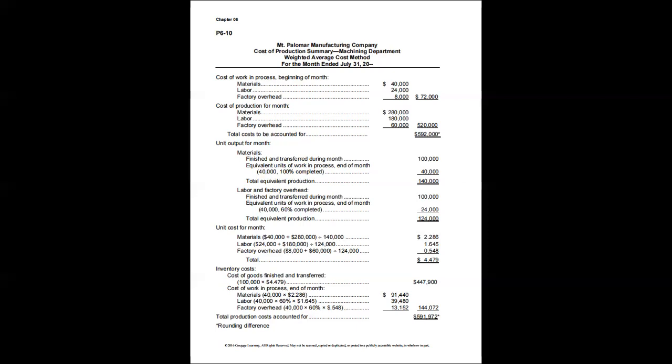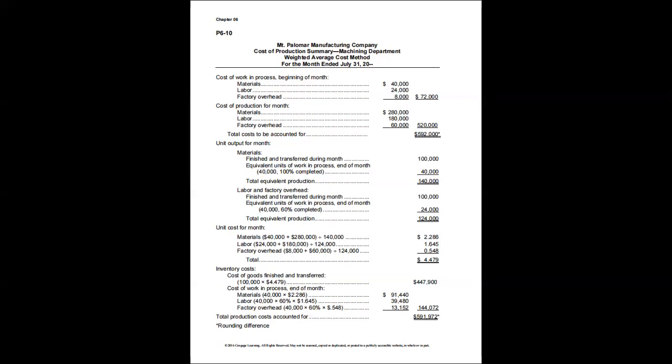What you need to account for is 140,000. So the finished is 100,000 and the work in process at the end is 40,000. So we have the total of 140,000, the total number of units to be accounted for, and the equivalent production of 140,000 for materials. For labor and factory overhead, equivalent production is 124,000.